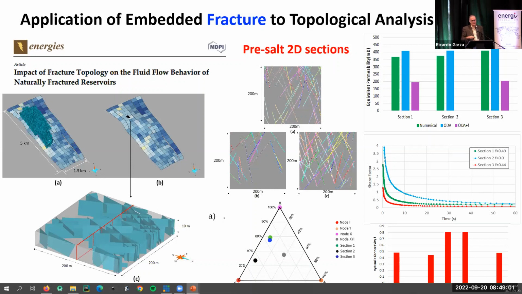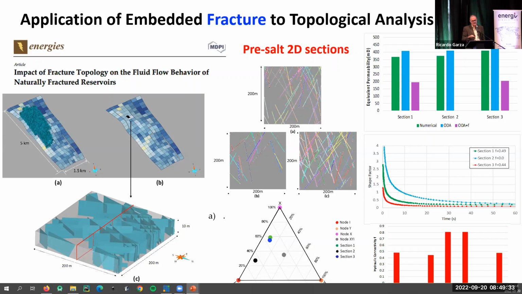Using the ternary diagram, we could identify the type of intersection that we have, and we performed different analyses to obtain information about the permeability and also the dual porosity and permeability features of this type of geometry, the DFN.